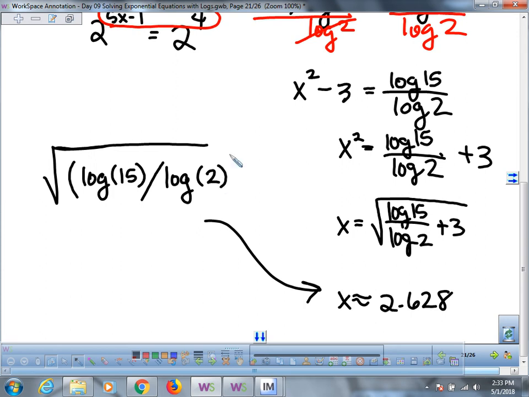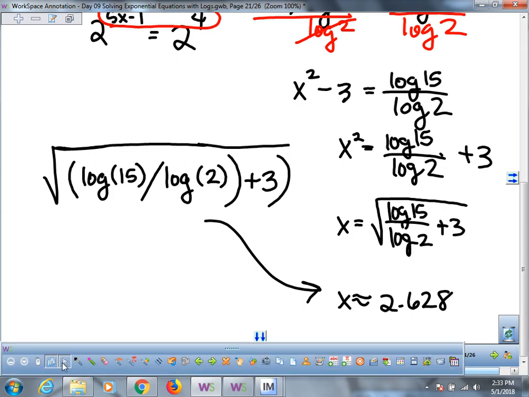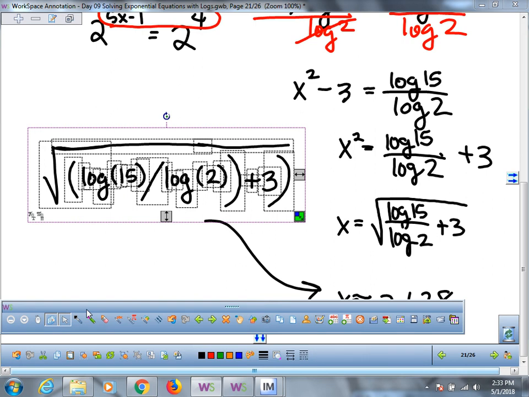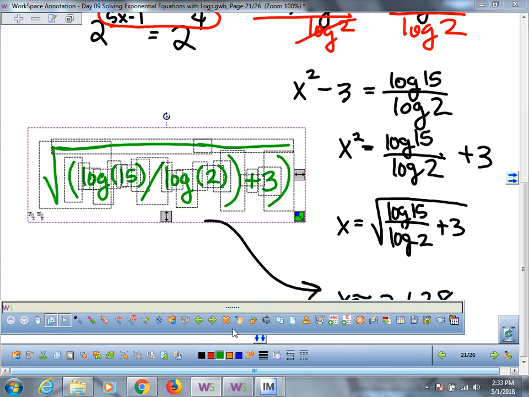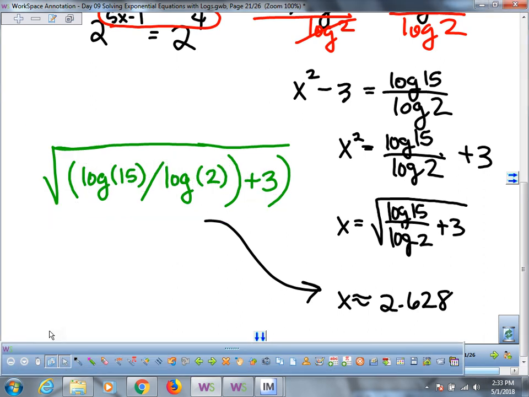Then you close it again because that's your division problem. Then you have to add 3, and then another parenthesis to close the square root. Then you can equal it. Then you put it in wrong. That's why we're practicing it.